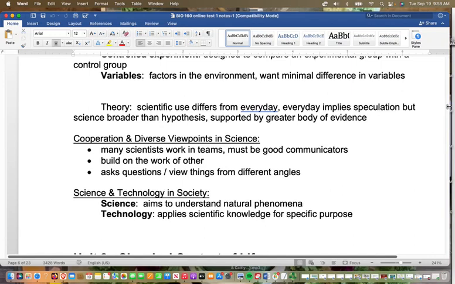The advantage to having multiple people working on things is you have other people to ask questions and view things from different angles. While we might assume that we would catch everything that is off, all you have to do really is take a look at something that you have written and look for typos and misspellings in there. Most of the time, if you try to find those things in your own work, you're going to miss them.